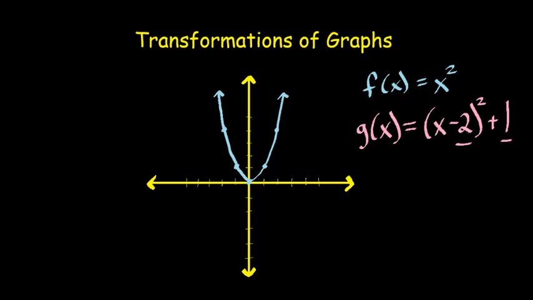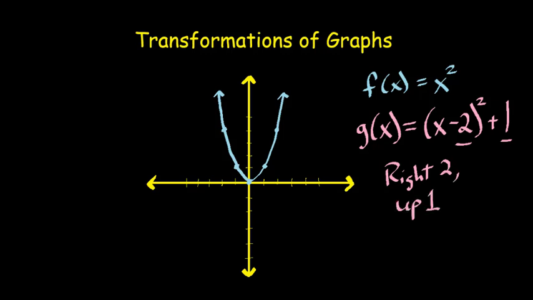The -2 inside the parentheses is telling us to go opposite of how it goes on a number line. -2 goes left on the number line, but this shift will actually go horizontally to the right. The transformation g of x will go right 2 and up 1.